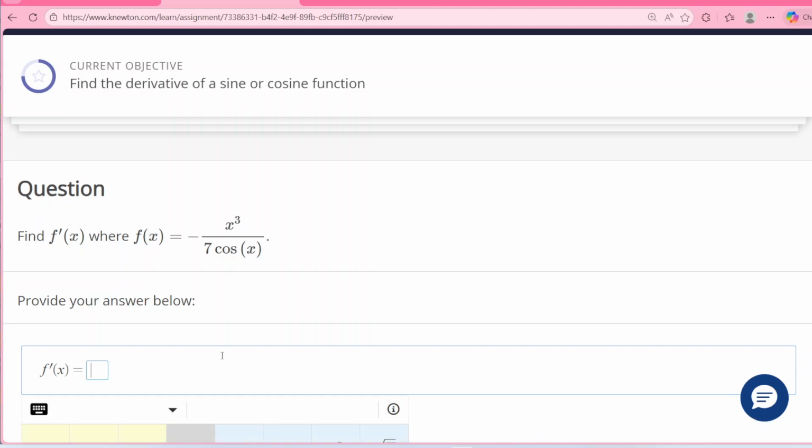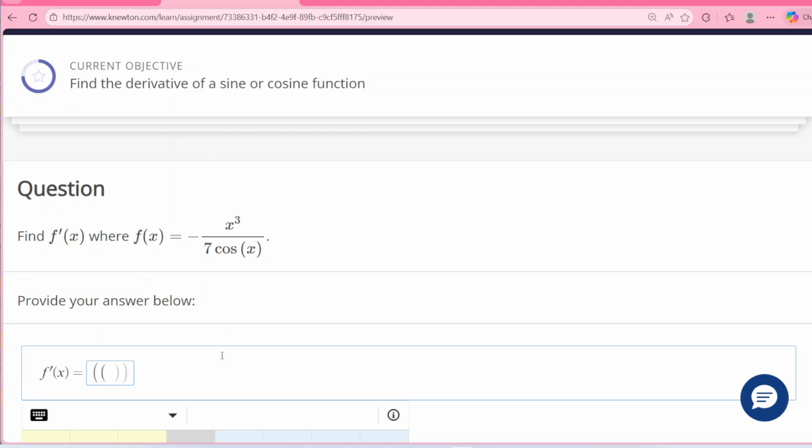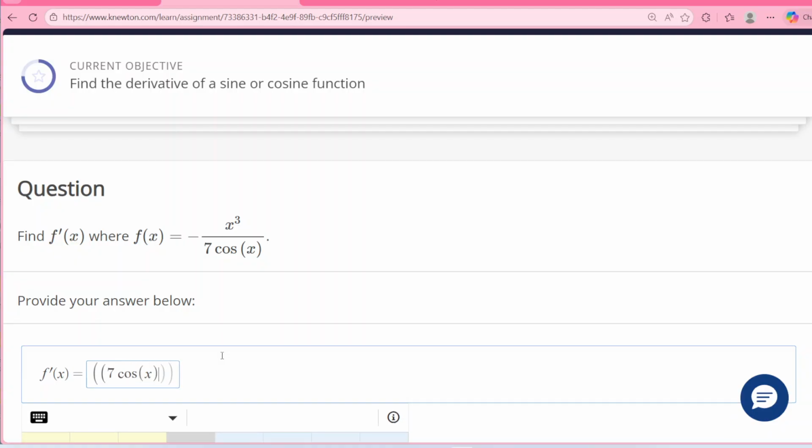I'm going to go through the quotient rule. Again, parentheses for everything up in the numerator. So it's the denominator, 7 cosine x, times the derivative of the numerator, which is negative x cubed, so negative 3x squared.